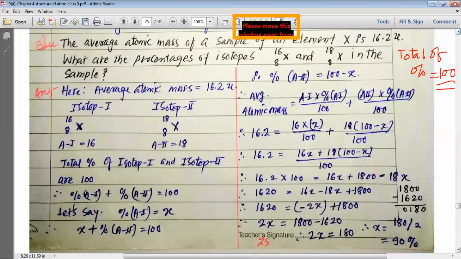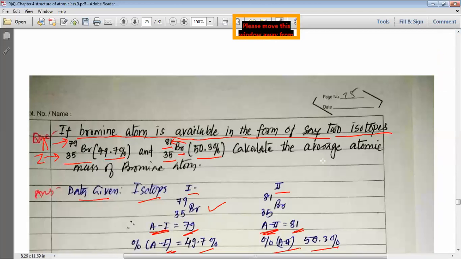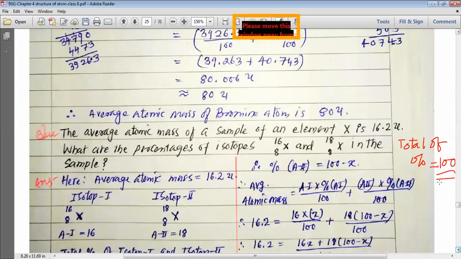Even if you look at the previous question, they have given us 49.7% and then 50.3%. If you add both of them, we get 100, and that is why the total of the percentage will always be 100.